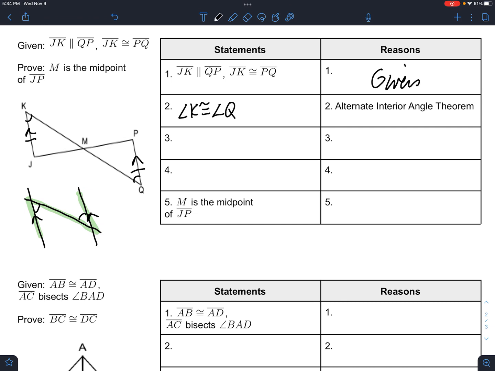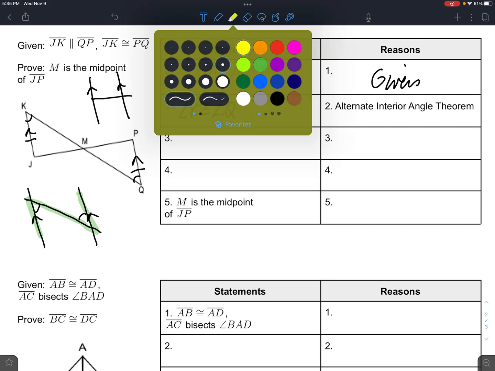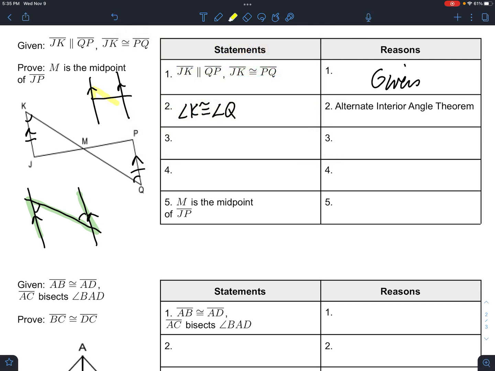And for the same reasoning, if I were to draw JP, which goes like this, we could still make that same. So the triangles are kind of existing like in this space. Like kind of like here, something like that.